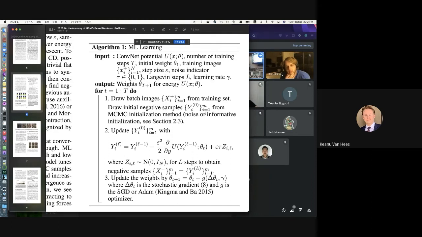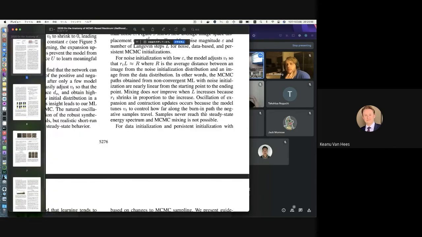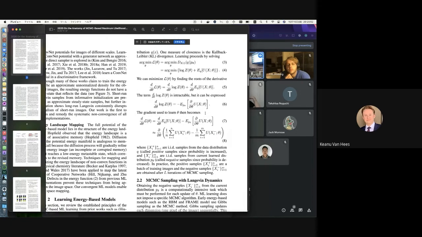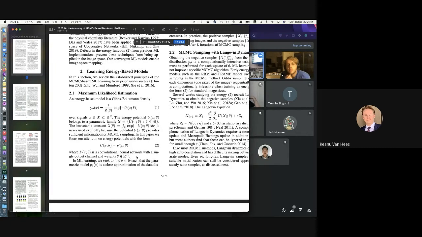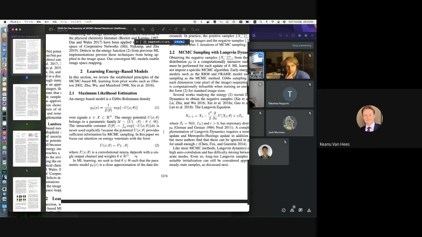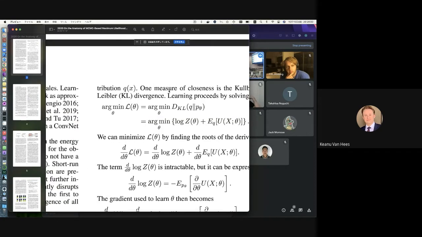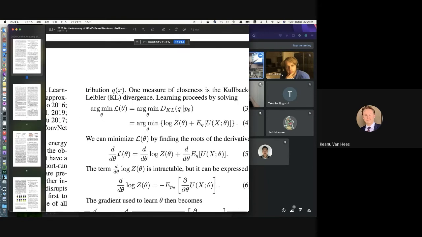And the important question that David asked is about this loss function. The loss function was defined here. Like we mentioned in the title, it's a maximum likelihood learning. So the loss function very naturally would be defined as the distance between the real probability distribution and the probability distribution that you learned.